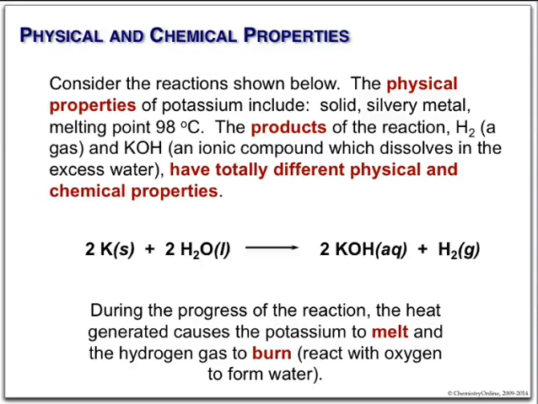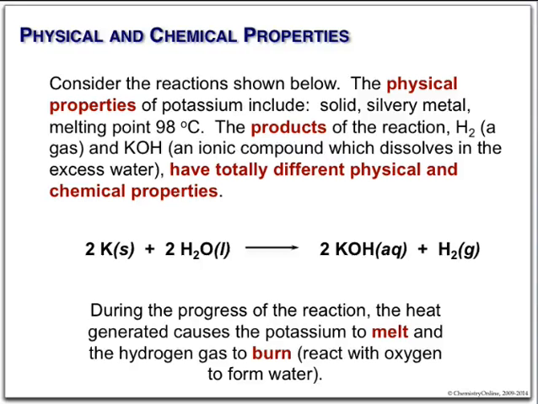Those numbers are called coefficients. What the numbers tell us is that it takes 2 potassiums, and that will react with 2 waters. When it does, we will get 2 potassium hydroxides and 1, we don't show 1, hydrogen.